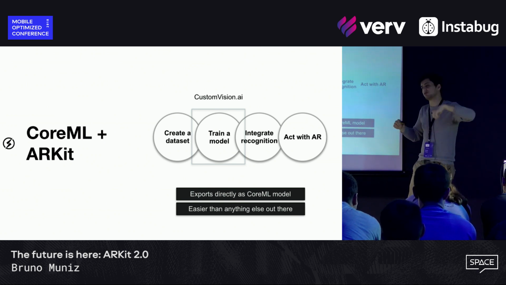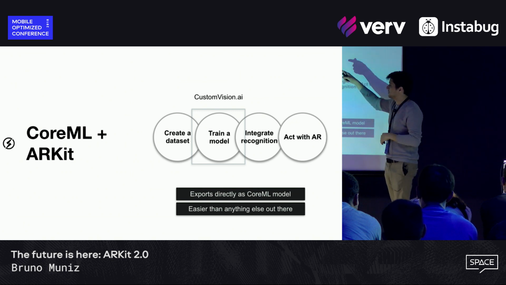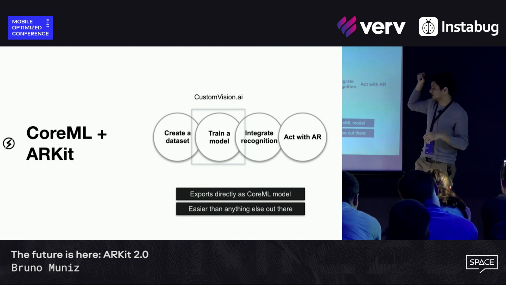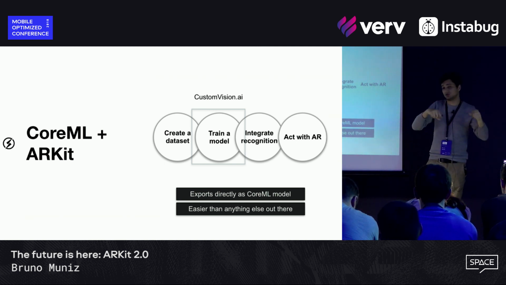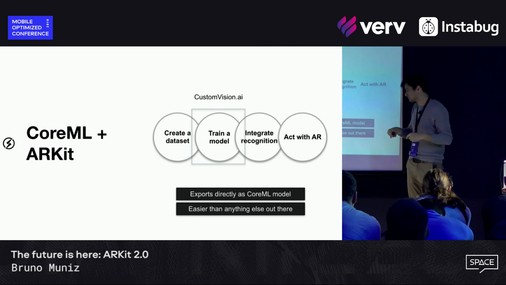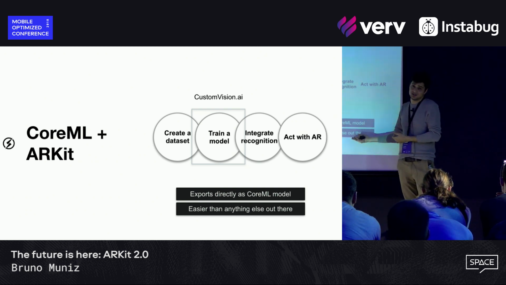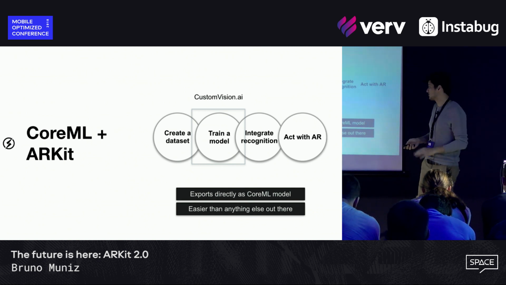Then you do the same for the closed hand, and the peace sign and everything. One of the good things about Custom Vision AI is that they export directly to CoreML models. On some other platforms you have to convert, because they export in one way and then you have to convert it to CoreML. For me, it's easier than using Turi Create or other platforms. I don't know, I'm just lazy.